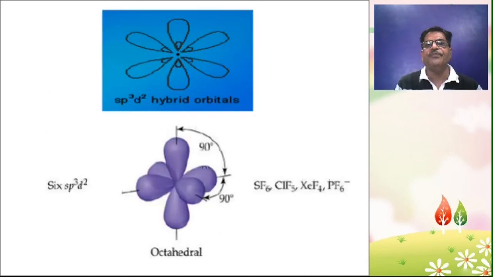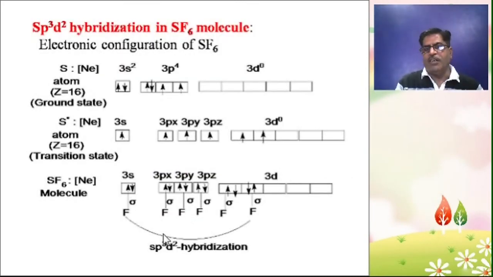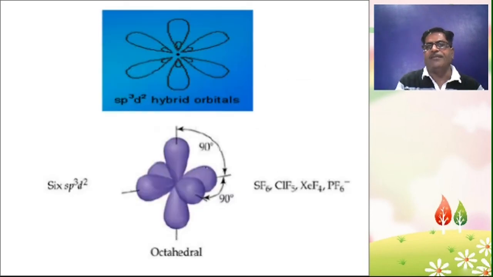The 6 fluorine atoms each have 1 unpaired electron in a 2pz orbital, which will bond with these 6 unpaired electrons. This is sp3d2 hybridization in the SF6 molecule.